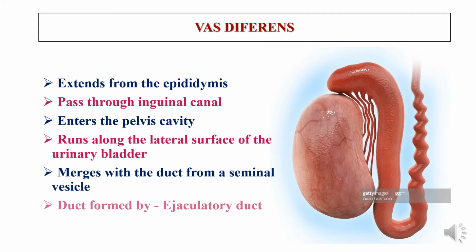The duct formed by this merger is an ejaculatory duct. The vasa deferentia have rather thick muscular walls that move the sperm by peristalsis.